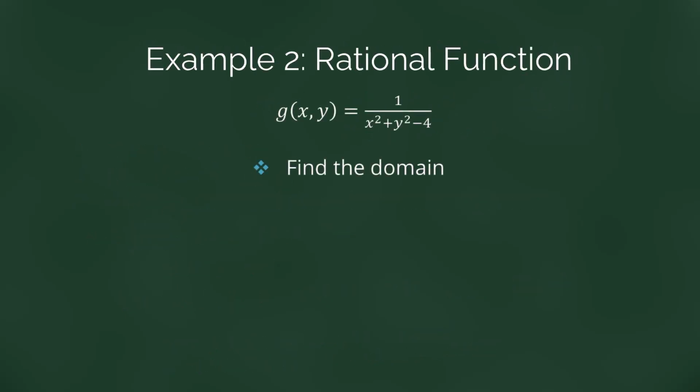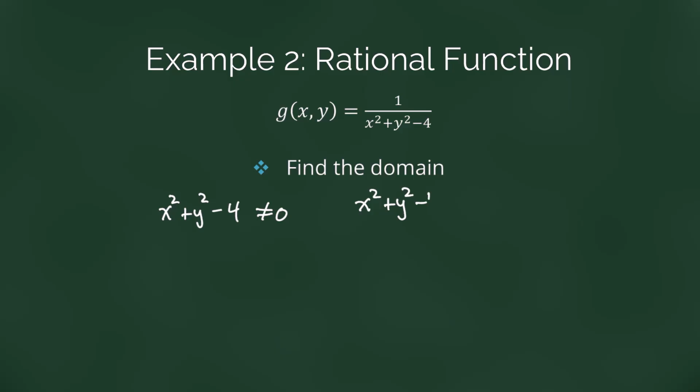We know that rational functions have restricted domains when they're single variable functions. Let's see what happens when we have a two-variable rational function. So because we're trying to produce a real number, we know that our denominator, x squared plus y squared minus 4, can't be 0. So let's look at what happens when it does equal 0.